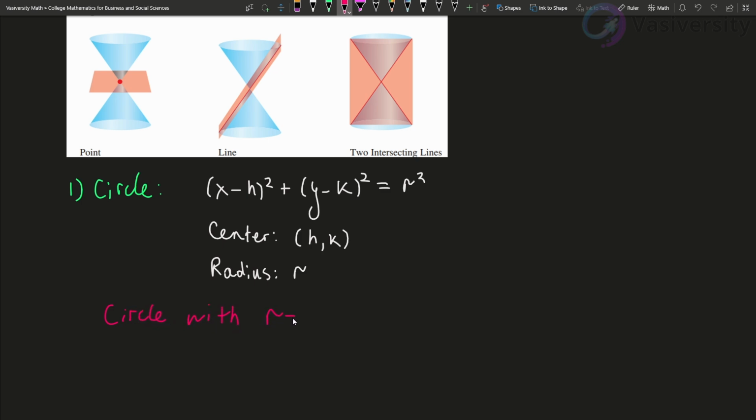So we call it a unit circle. A unit circle has the equation x squared plus y squared is equal to 1. Right? So it's going to be centered at the origin with a radius of just 1.